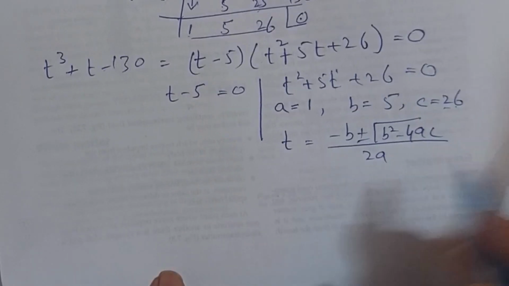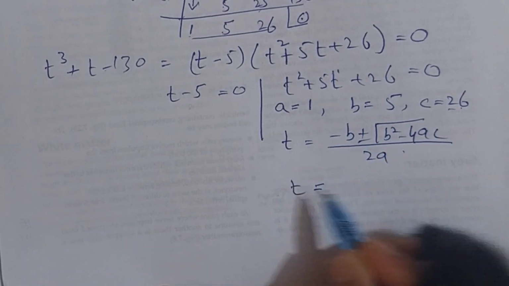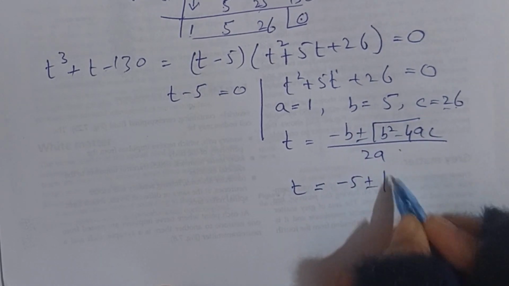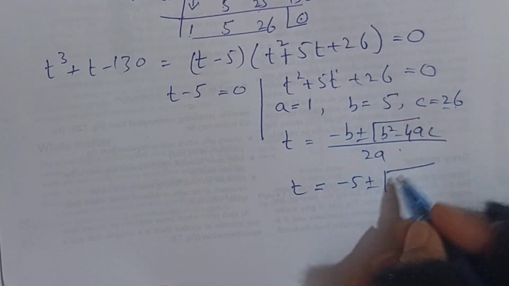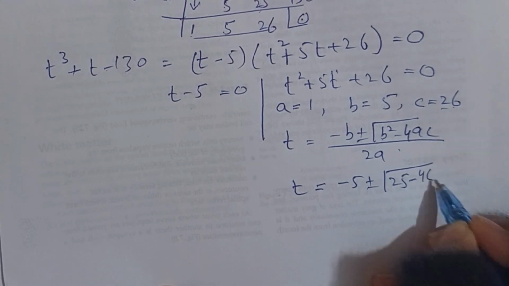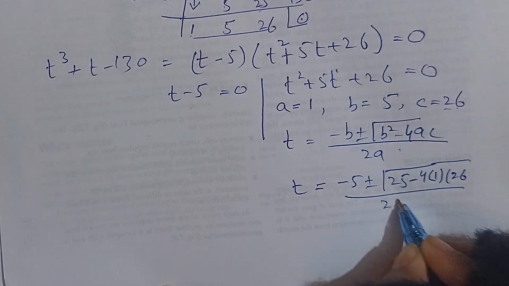Now we substitute all the values in this equation. So t is equal to minus b, which is minus 5, plus minus square root of b square, this is 5 and 5 square is 25, minus 4 times a, which is 1, and c is 26, over 2 times a, which is 1.